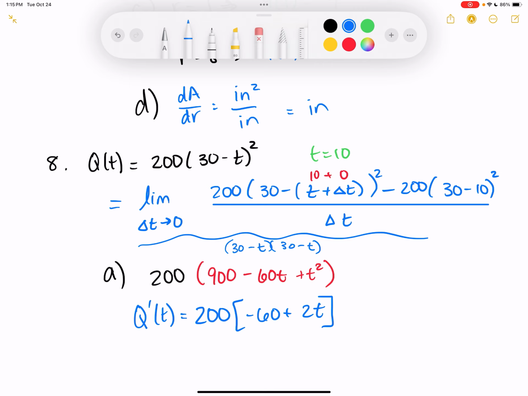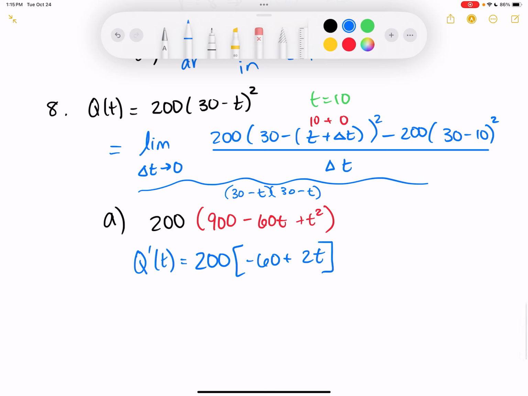So then now I can multiply by 200. So this is going to be negative 12,000 plus 400t. That's just it simplified down. And then I want it specifically at 10 minutes, so I'm going to replace t with 10.